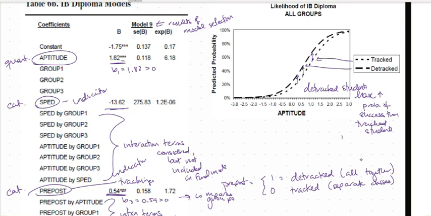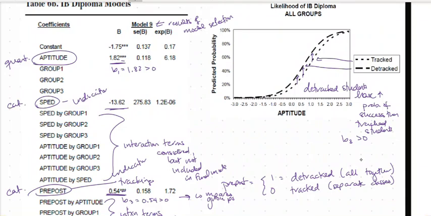That's what that B3 greater than 0 is telling us. It tells us that the curve for the detracked group is going to be higher than that for the tracked group at any fixed value of aptitude.